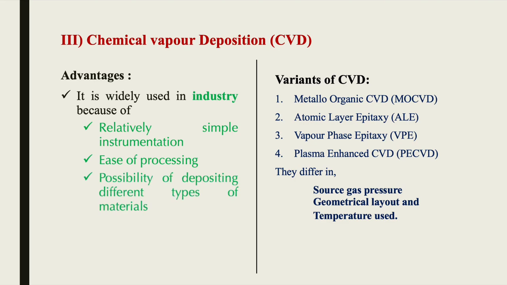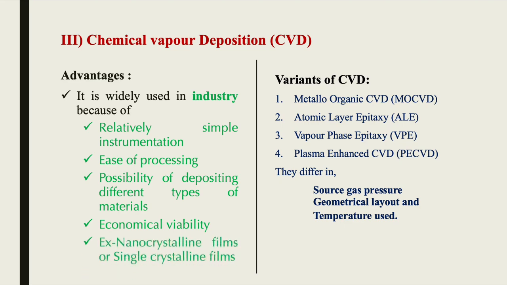Third is the possibility of depositing different types of material, so various possibilities are there for the deposition of material. Fourth is economic viability. That's why this is widely used in industry. For example, if you want to make nanocrystalline films or single crystalline films, you can use this kind of method, that is chemical vapor deposition.